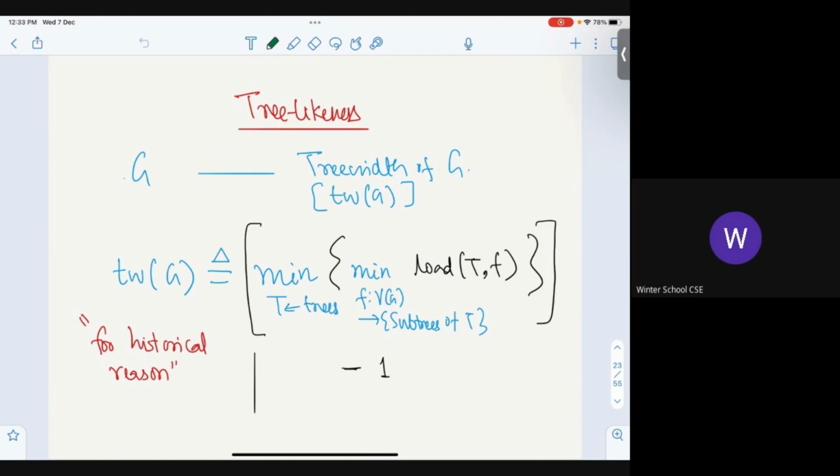Why? I told you, historical reasons, and you will get the historical perspective in a minute. There's a reason to do it that way. Even if the person who defined it had not done this, it would not have made any difference to the world. So if you don't like that -1, remove it for yourself. You call it tree width blah, and then it's perfectly fine. It's just a +1, it doesn't matter at all.